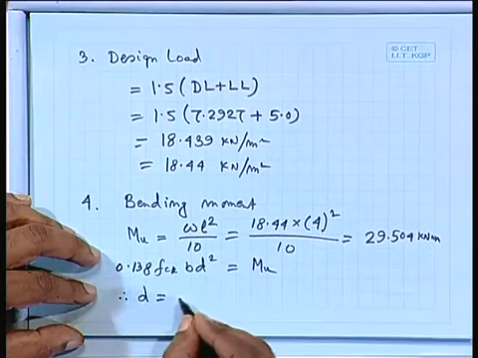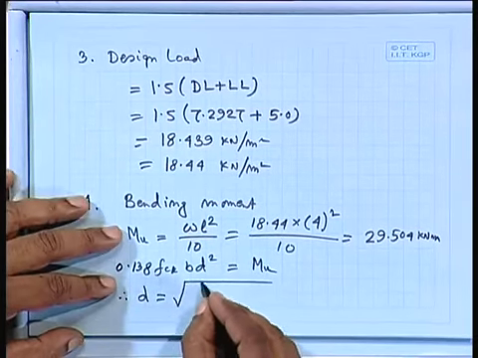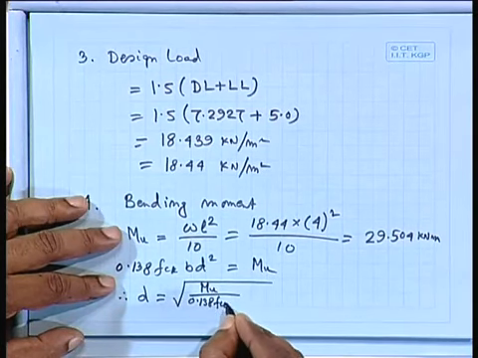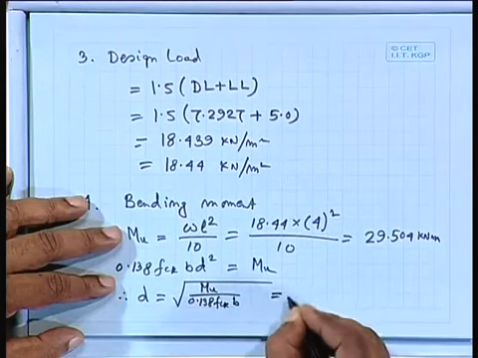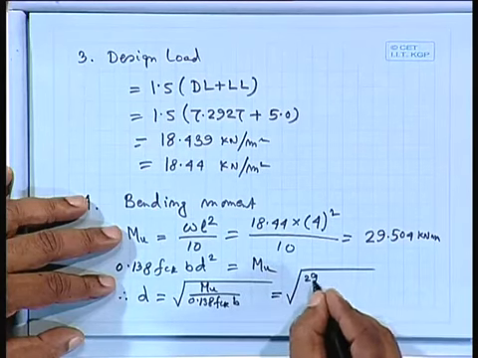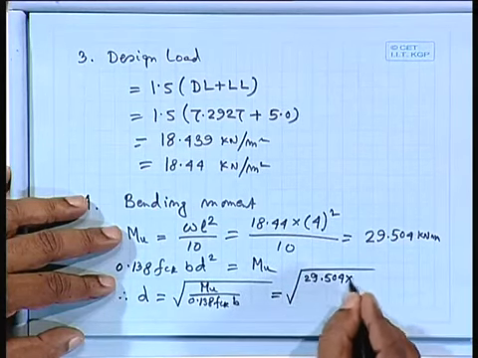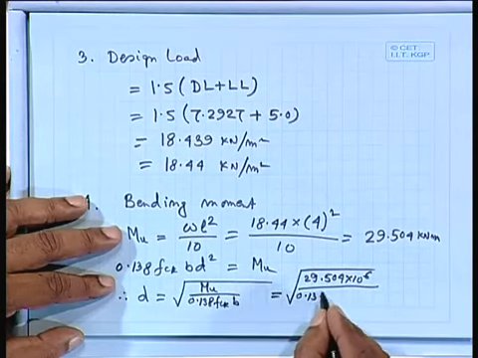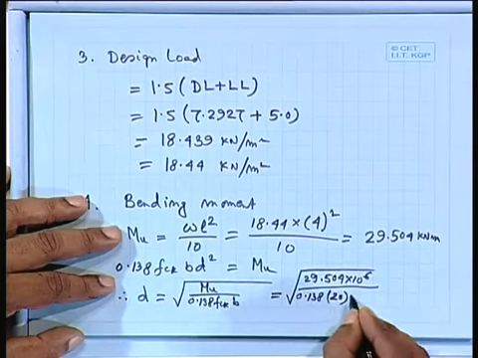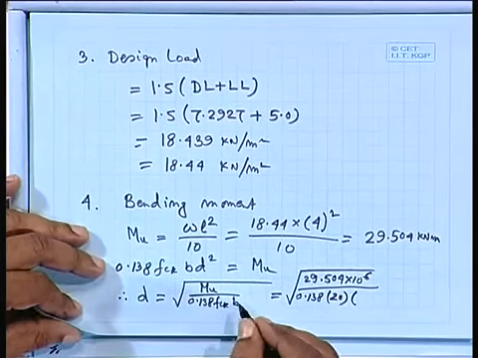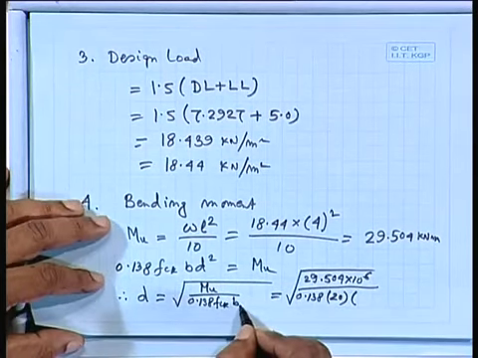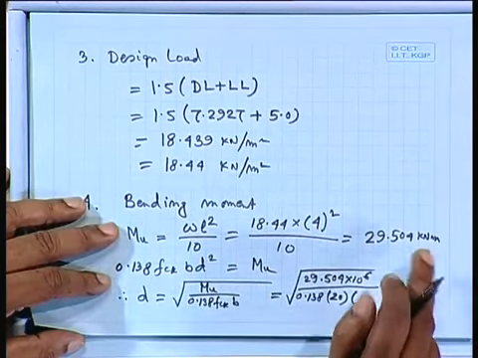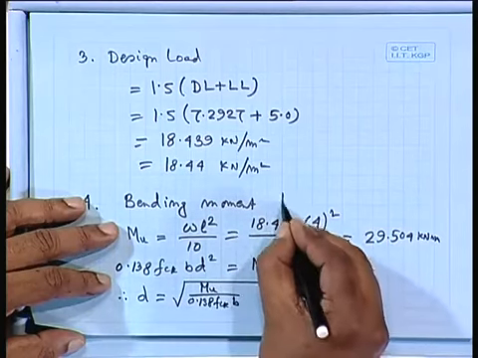So D equal to root over Mu by 0.138 FCK B, equals 29.504 into 10 to the power 6 divided by 0.138 times M20 grade times B. How much will B be here? Because we have taken this moment per meter width, bending moment per meter width.